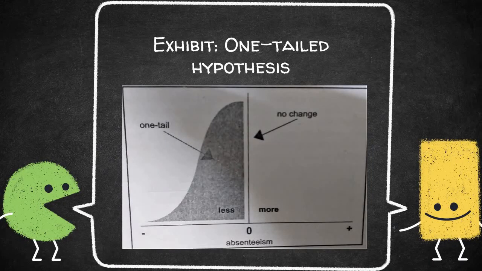So you could see this through this exhibit: we are interested in the left side, we want the absenteeism rate to come down, not move up.